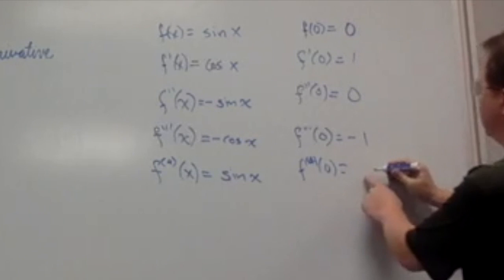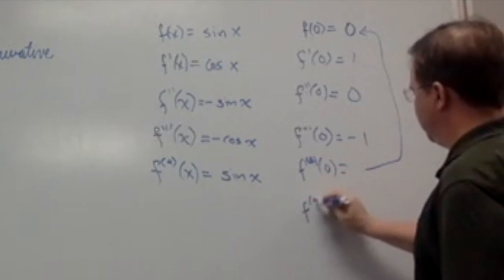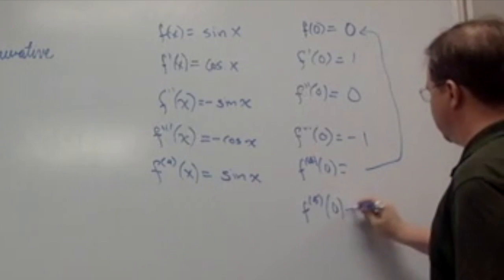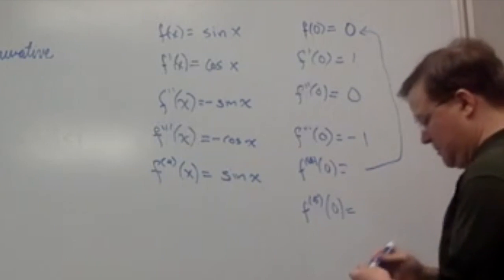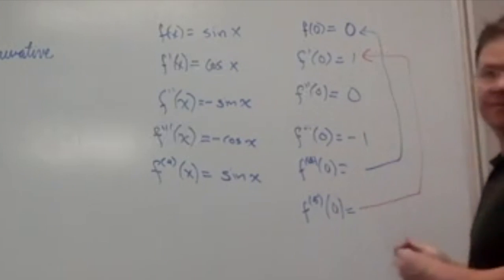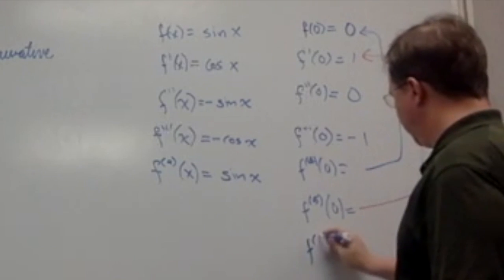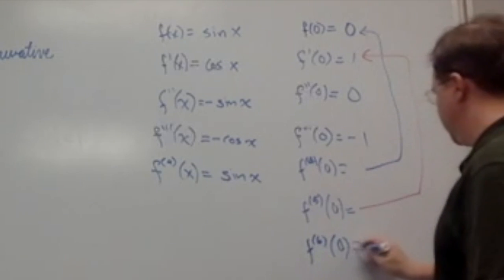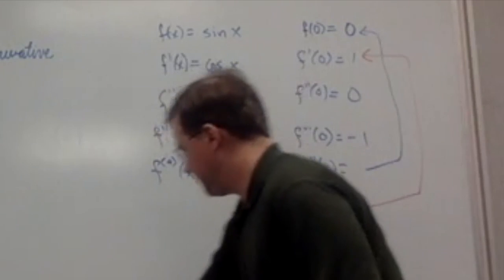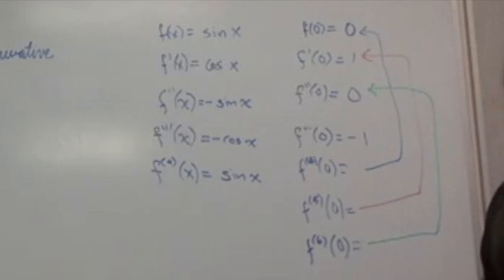The fifth derivative, evaluated at 0, is just going to be what this was, and the sixth derivative, evaluated at 0, is the same as what that was. So I think we've gone far enough.